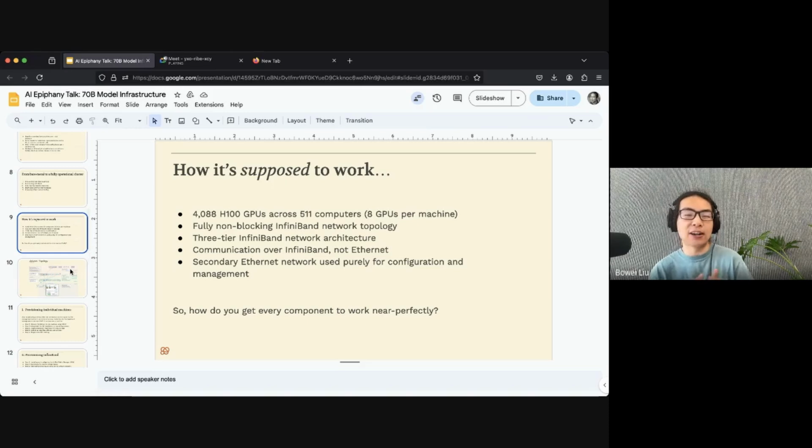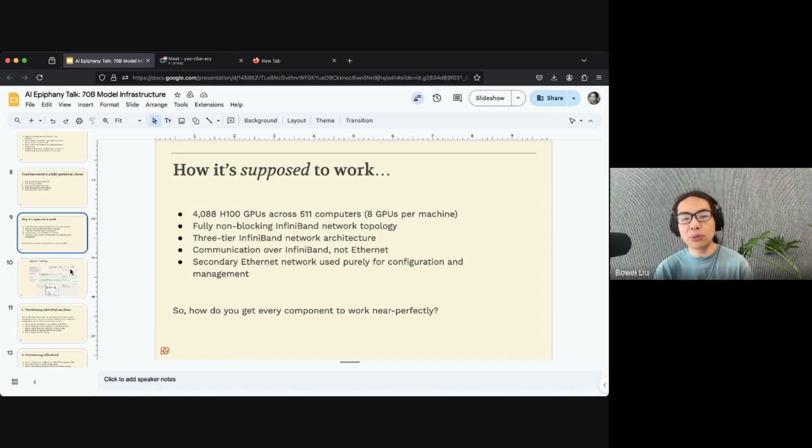This is just our hardware spec. We have the 4800s, pretty beefy CPUs, 1 terabyte of RAM per machine, and 10 terabytes of disk space. These are all networked using InfiniBand, the technology that allows really fast direct GPU to GPU communication. Since these GPUs send so much data, it's not efficient for all 8 GPUs to send data up to the CPU and then out through one Ethernet connection.